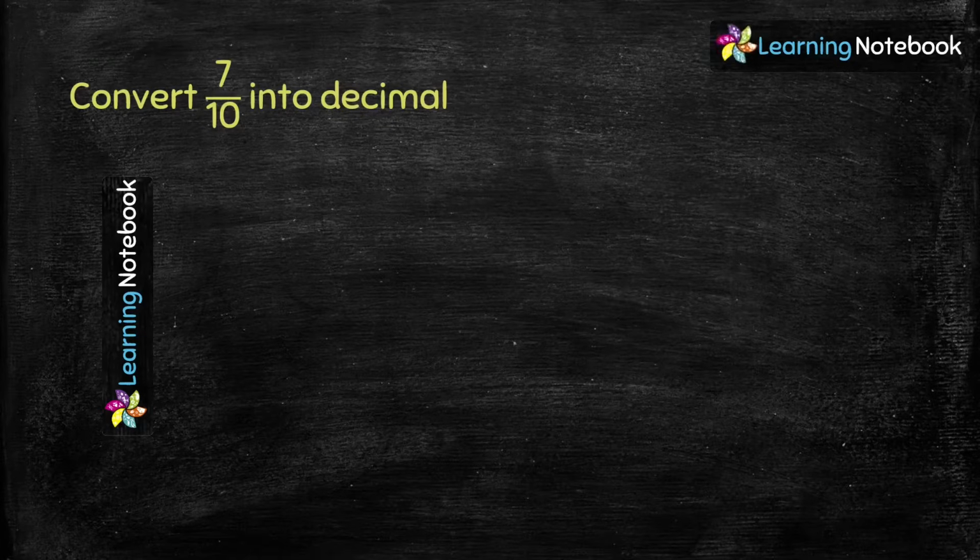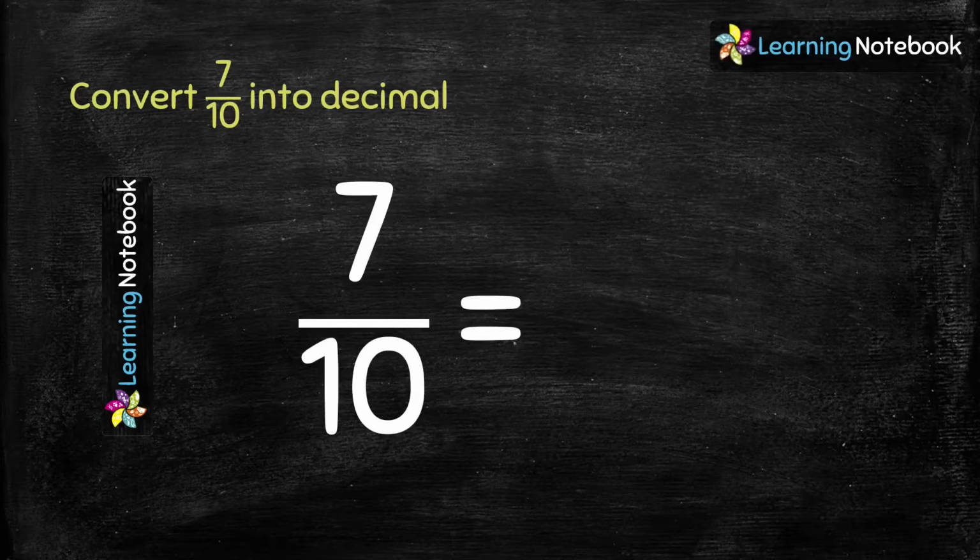Question is, convert 7 by 10 into decimal. So students, first we will write the numerator of the fraction as the number. So the numerator is 7. So let's write the number as 7. Then we will count the number of zeros in the denominator.